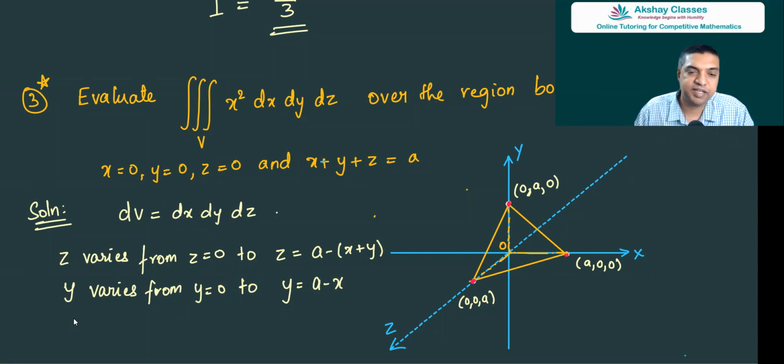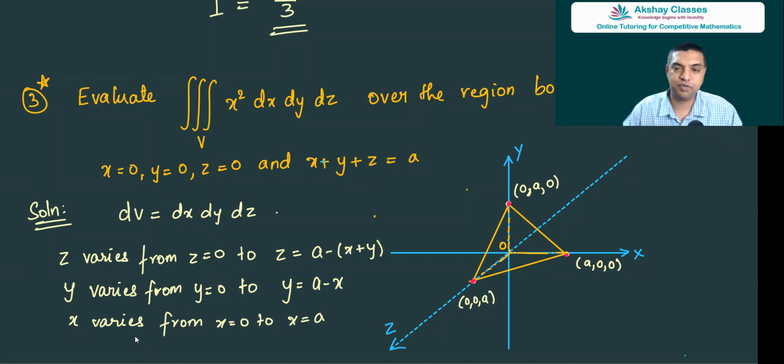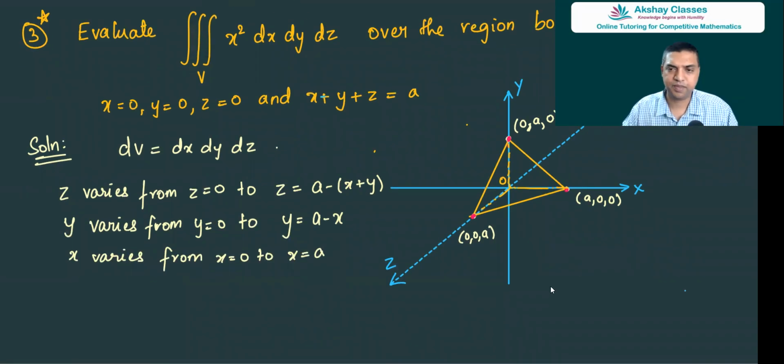And then x varies from x equal to 0 to x equal to a. This is how we evaluate the volume.